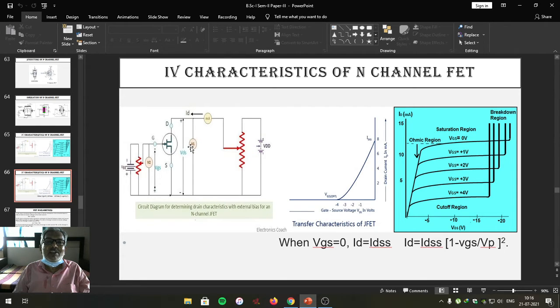Plot the graph of ID versus VDS. The nature of the graph is represented here. It is a graph of ID versus VDS for different values of VGS. Look at here.